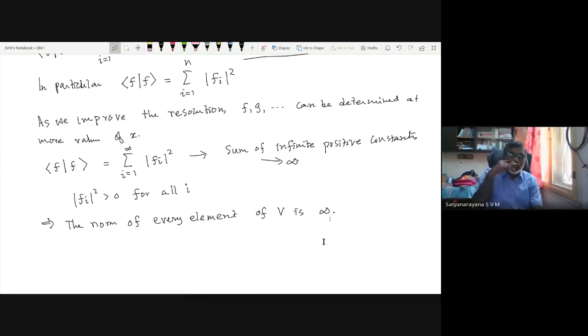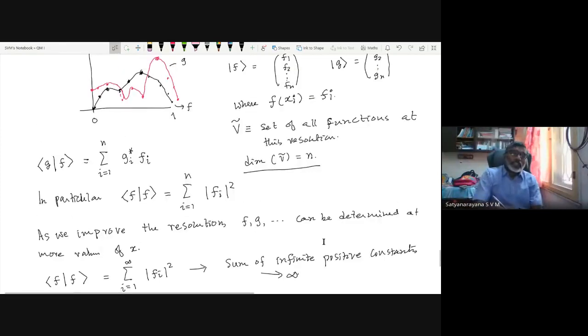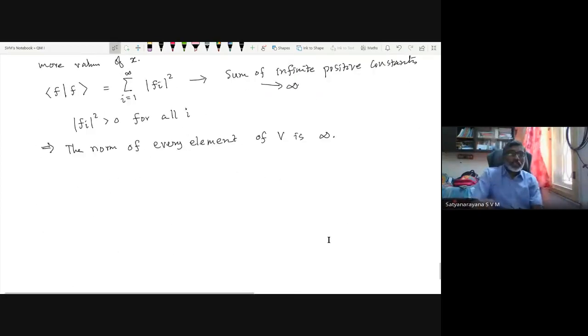Now how do we modify this? We say that the difference between these values of x, we call this difference delta. Now notice that as n goes to infinity, delta goes to 0, because the more x values you know, the finer the resolution. Basically delta is like the resolution.